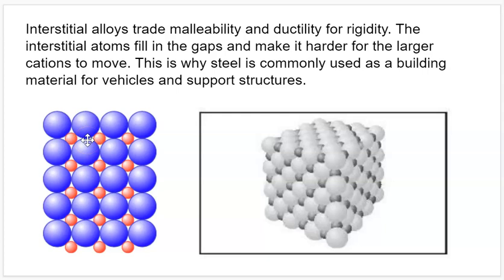But this is good in the case of using metal as a construction material. That's why steel, which is an interstitial alloy, since the carbon atoms are much smaller than the iron atoms, ends up being a really good material for building vehicles and support structures for buildings, because putting these small atoms in between the larger atoms makes it really hard for them to move around.